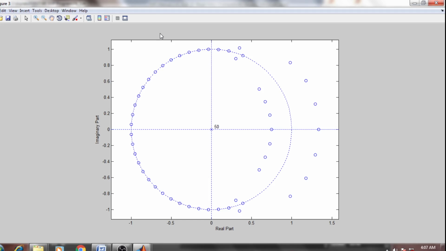Here poles and zeros are represented, as we implemented, on the real and imaginary axis. There is a circle, its radius is near about 1. It is a unit circle, and in this unit circle I have already shown you how you can use the unit circle for a filter.